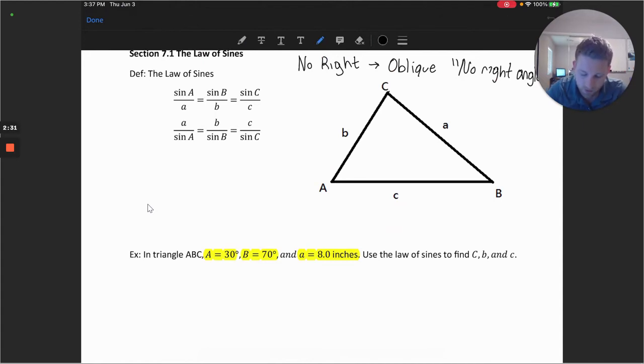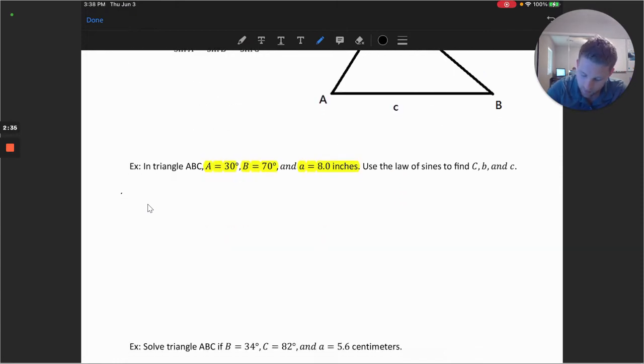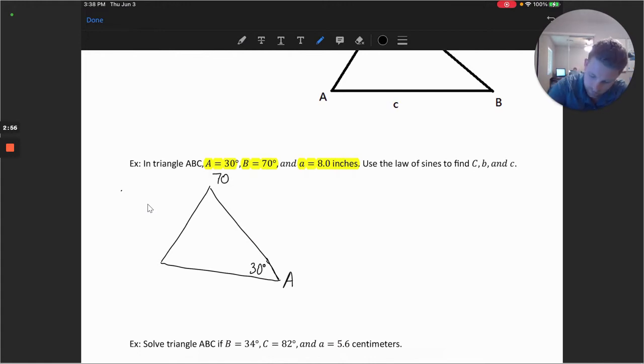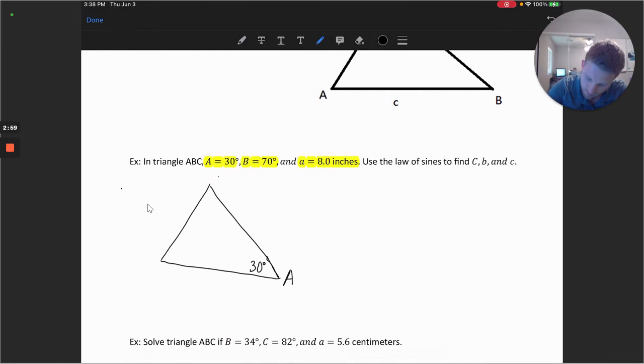All right, so let's first write out a little sketch to help us. We're going to have a triangle, and we'll build in a 30-degree marker at A. We'll call this our 70-degree marker at angle B. And here will be our angle C. Again, that's not guaranteed to be a right angle.